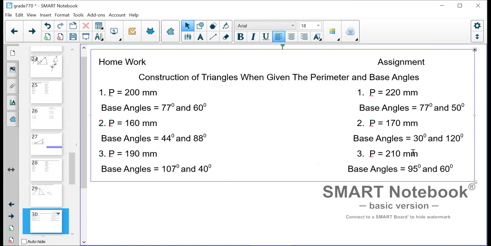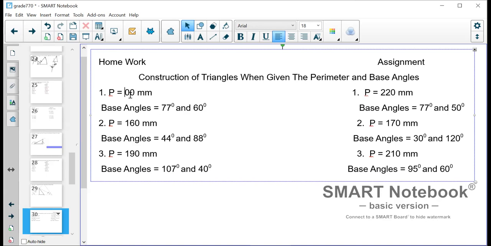So what I need to do, I think these measurements are a little bit too long. As a matter of fact, no, they're not. So whenever you're using your ruler, ensure that you have a long enough ruler that would measure 200 mm, which is the same as 20 cm. All right.